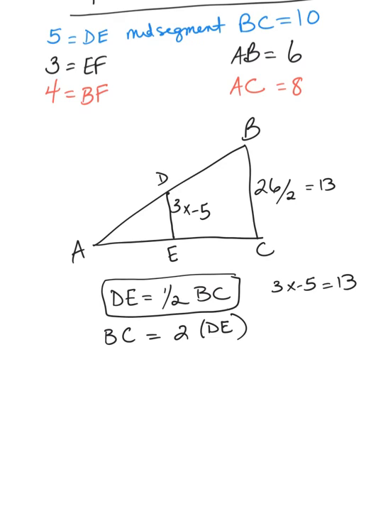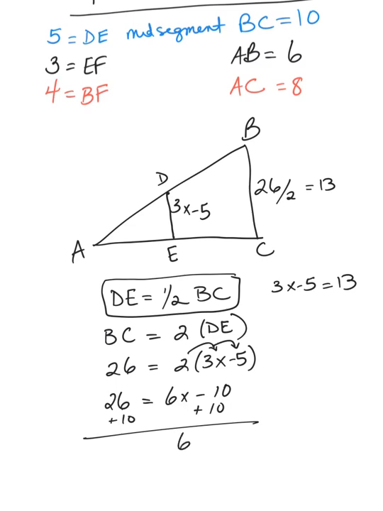If I took the other approach, BC is equal to 2 times DE, I would say 26 is equal to 2 times 3x minus 5. The only thing to remember here is that you have to distribute the 2. So I have 26 is equal to 6x minus 10. Add 10 to both sides. I get 6x is equal to 36. And when I divide both sides by 6, I get x is equal to 6.